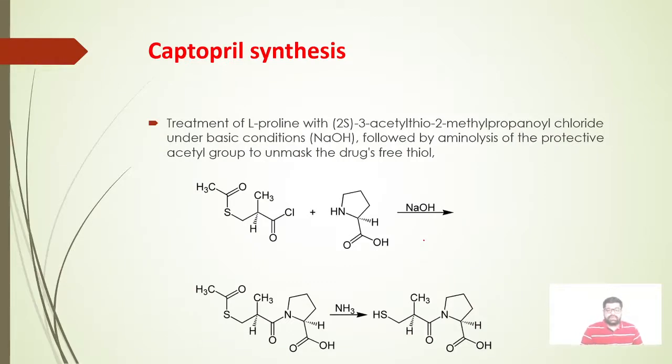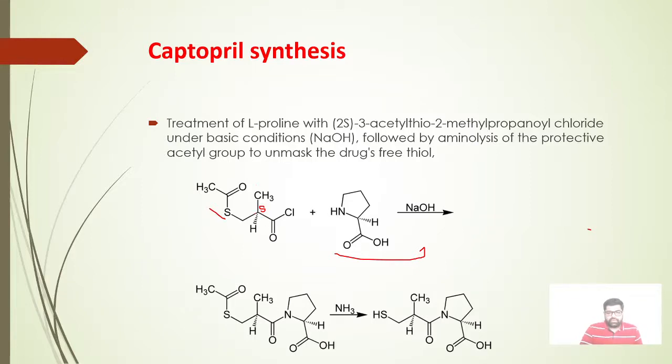The first molecule is L-proline. I think most of you know the structure of L-proline. So this is L-proline over here, and this is treated with the 2S, so this is the S isomer over here, 3-acetylthio-2-methylpropanoyl chloride.